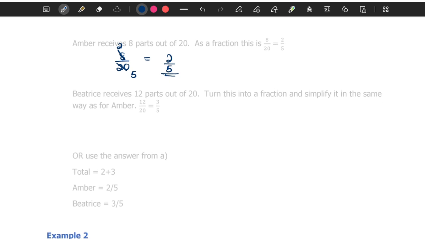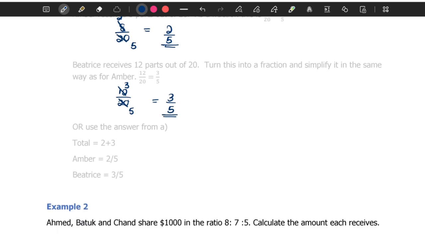Right. Then Beatrice, we know Beatrice received 12 out of the 20. Again, 4 into 12, that's 3. 4 into 20, that is 5. So this is going to be 3/5. And that is the same as if we had used the simplified 8:12 to 2:3, which would be the same as saying Amber gets 2 out of 2 plus 3, that's 5, which is still what we got.